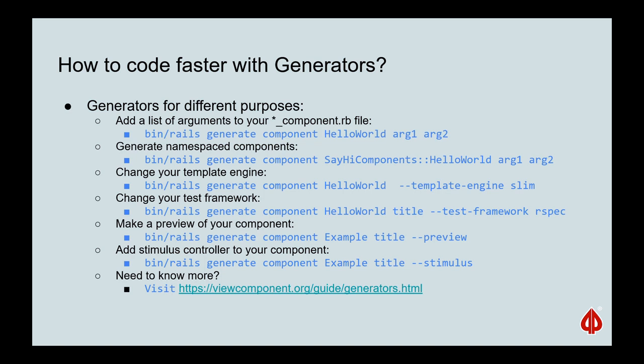Also, you can use namespaces. For example, you want a list of view components which all say hi in different languages, so you write say hi components double colon hello world, and then pass the arguments, and it would put it inside the say hi components, and then inside the hello world.